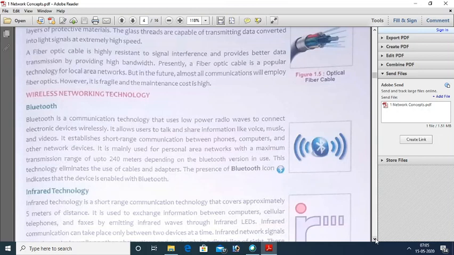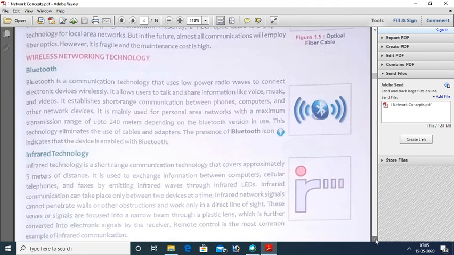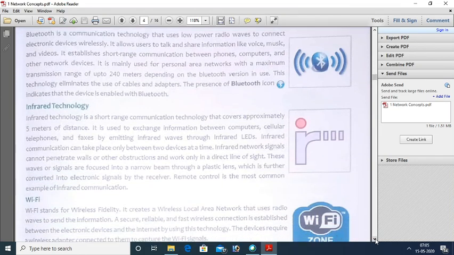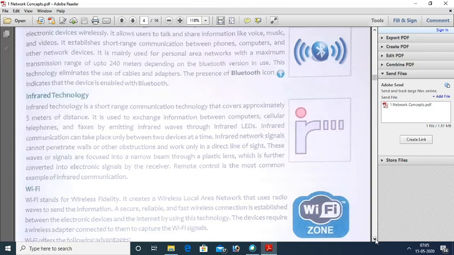Now we discuss infrared. Infrared technology is a short-range communication technology that covers approximately 5 meters of distance. It is used to exchange information between computers, cellular telephones, and fax by emitting infrared waves through infrared LEDs.